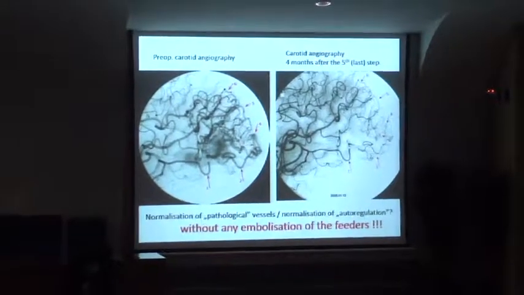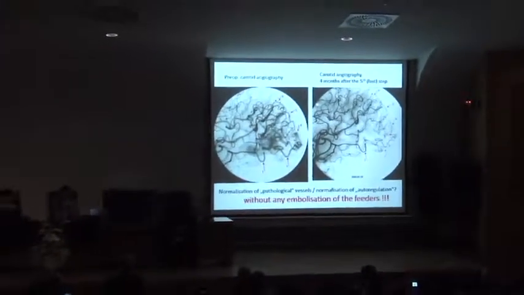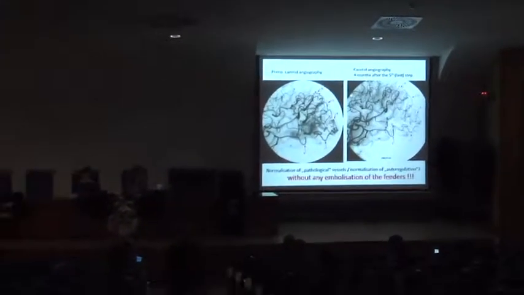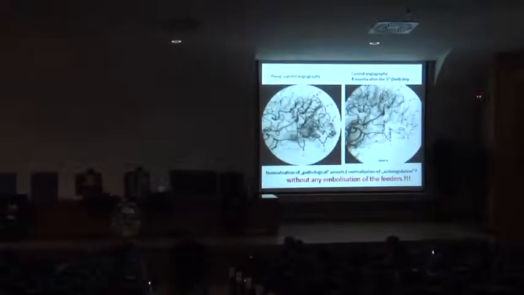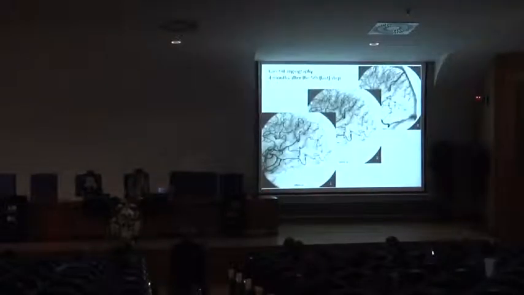Normalization of pathological vessels, normalization of autoregulation, without any embolization of the feeder. So we don't close the malformation from the middle cerebral artery. And carotid angiography, arterial, capillary, and venous phase.